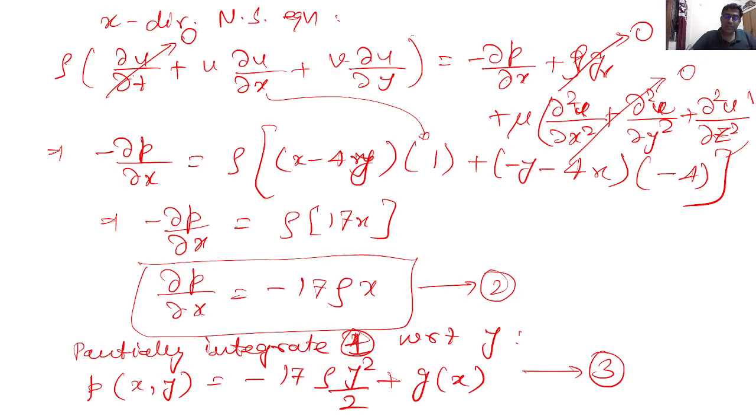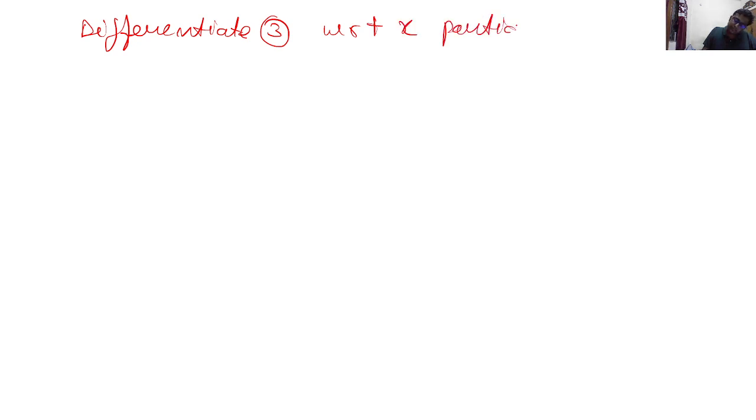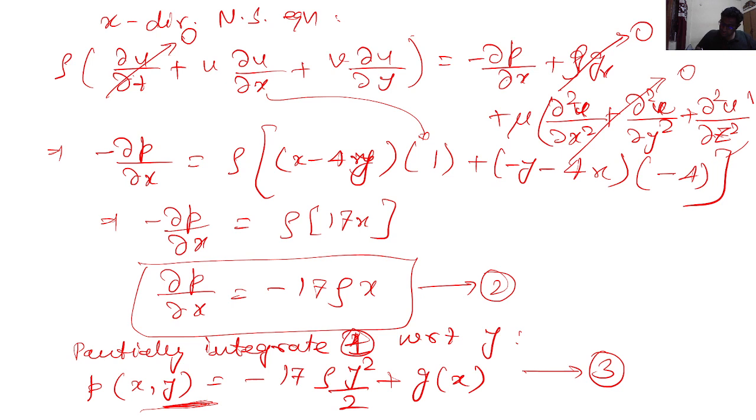Now we just need to differentiate this expression again. Differentiate 3 with respect to x partially. It will give del p by del x equal to g dash x, because there was no expression related to y.